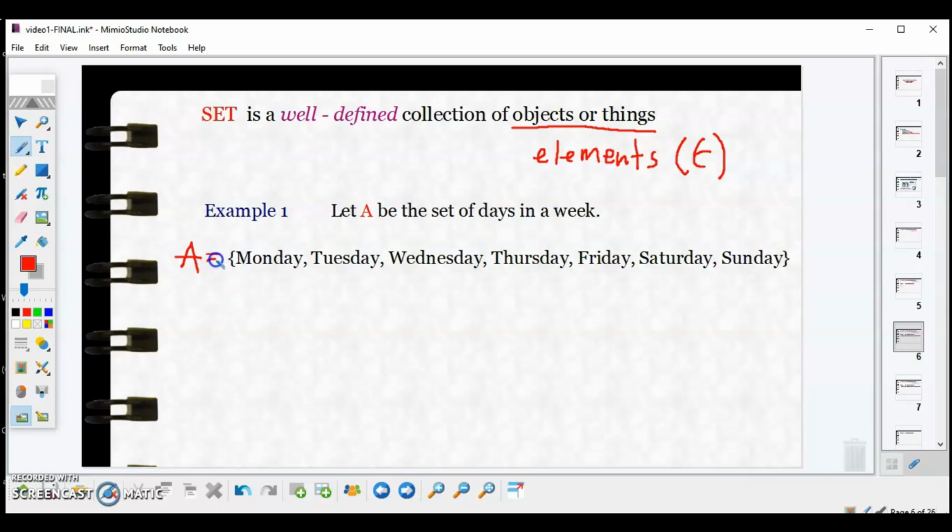Now, as you notice, Monday is a day of the week. It's a fact that Monday is a day of the week.